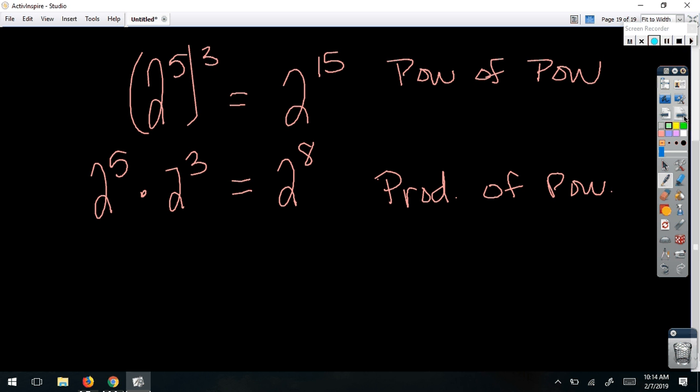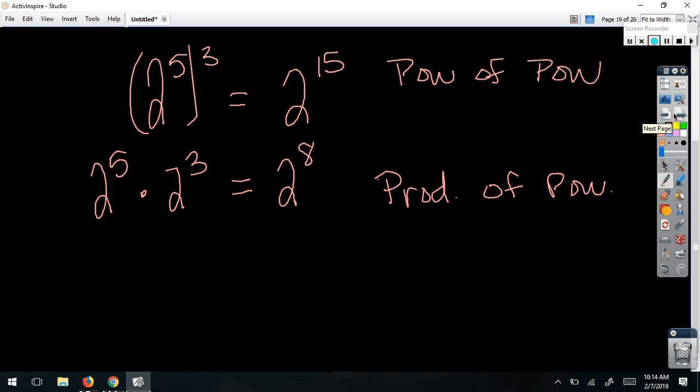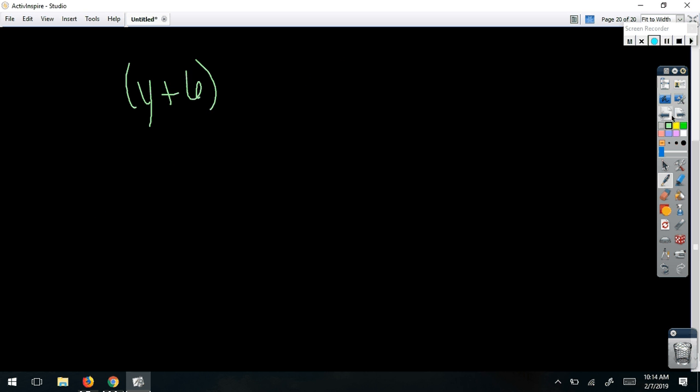But maybe I do have some that have parentheses. This one shows up a lot. Look at this one. What if I had y plus 6 to the 3rd power raised to the 4th power?